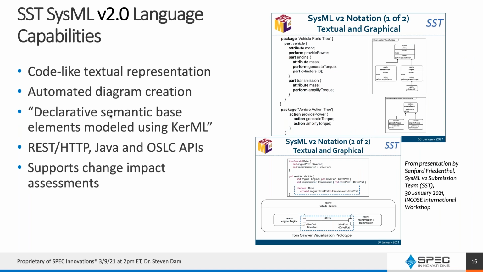Looking at their 2.0 language capabilities, they have a code-like representation. You can see it here in the slide at the top. At the left, what looks like code says package, part, attribute. It looks a lot like Java in a lot of ways. And that's supposed to be able to translate and create the diagram on the right automatically.